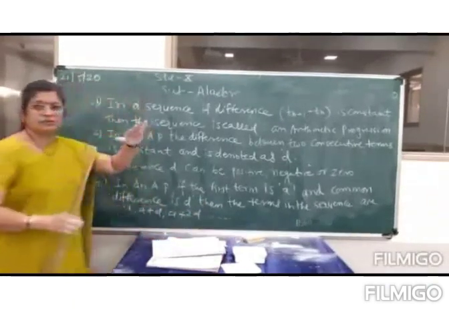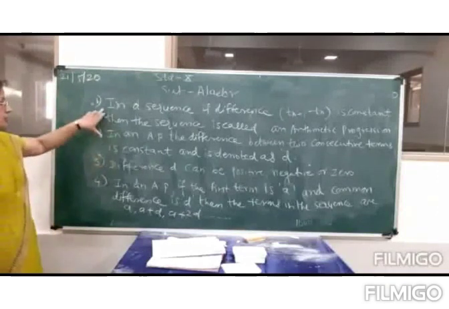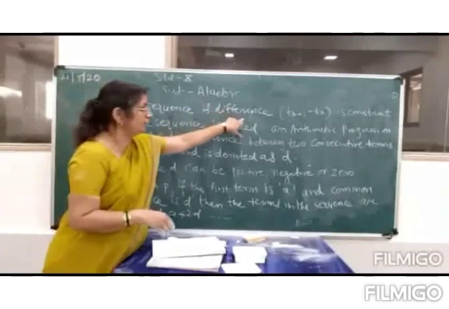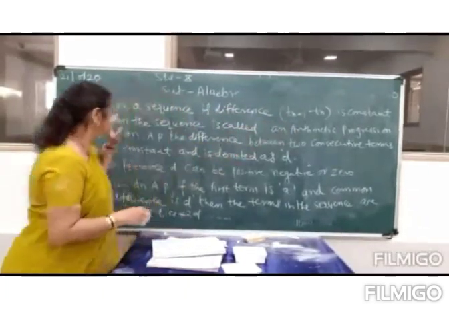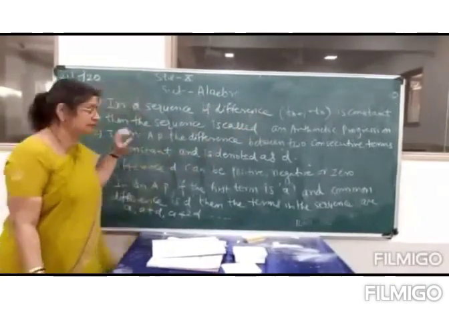See, we will just see once at a glance what you have learned up till now in this chapter, and that you have to remember. In a sequence, if difference Tn plus 1 minus Tn is constant, then the sequence is called an arithmetic progression.